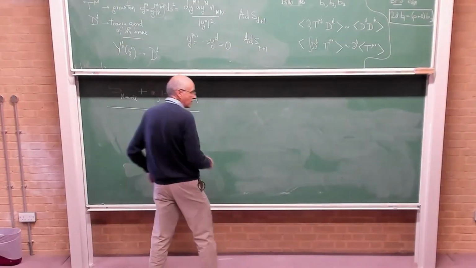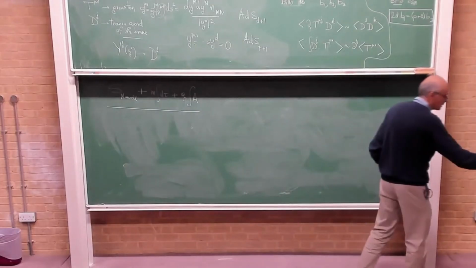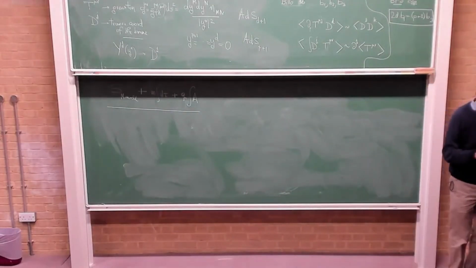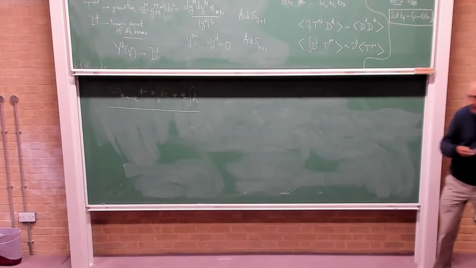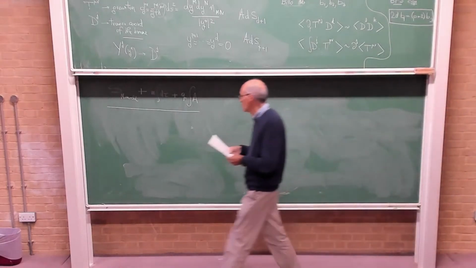So let me tell you what the statement is, basically. There is a very simple case where you can study the problem. This is N=2 Maxwell theory in 4 dimensions, if I can find it. By the way, this is how the whole story started, okay, in the Maldacena paper.